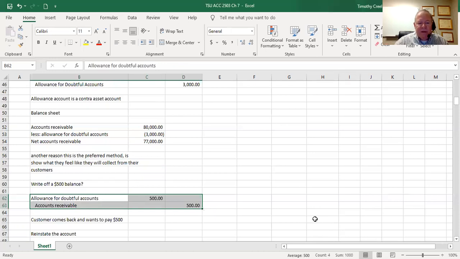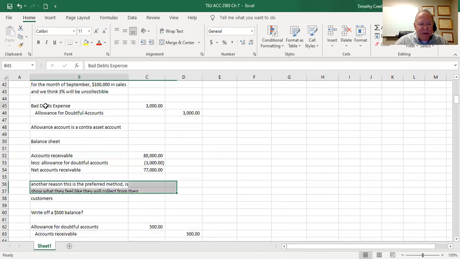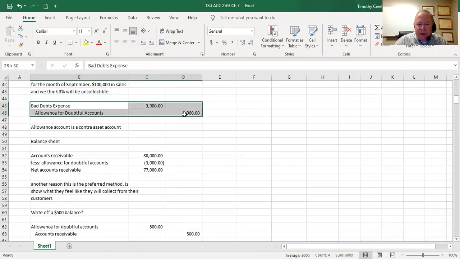Notice with this journal entry to write off an account, since we're doing the allowance method, and since we recognized the expense with our initial entry, the initial debit to bad debts expense, we've already recognized the expense. And since the allowance account is set up to be whatever we feel like we're not going to collect, we just take any actual write-offs out of the allowance account.